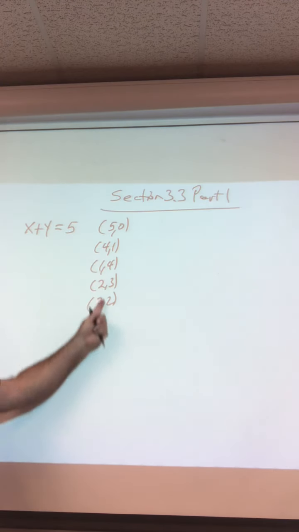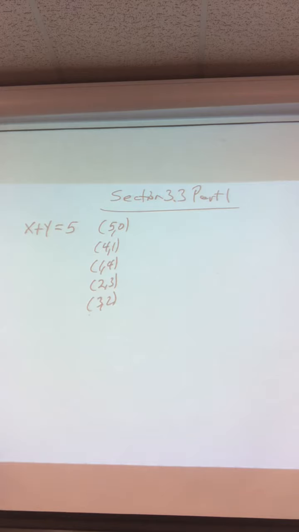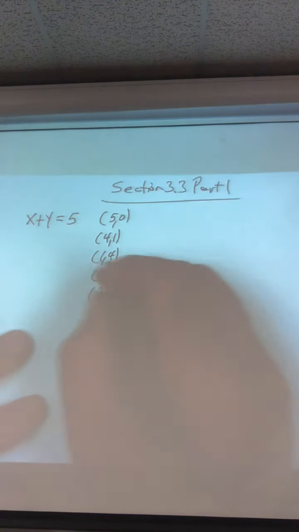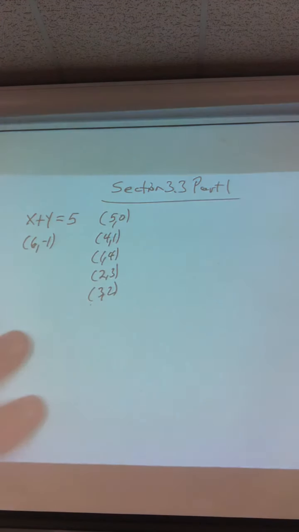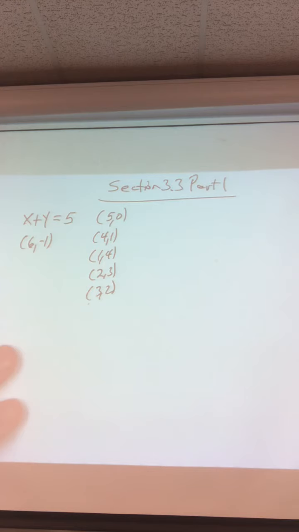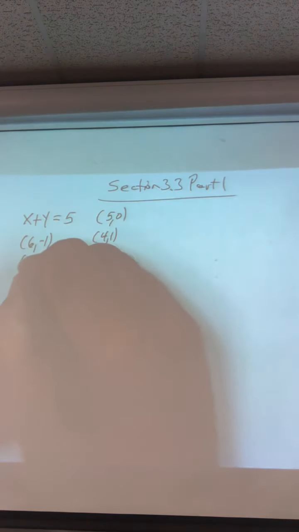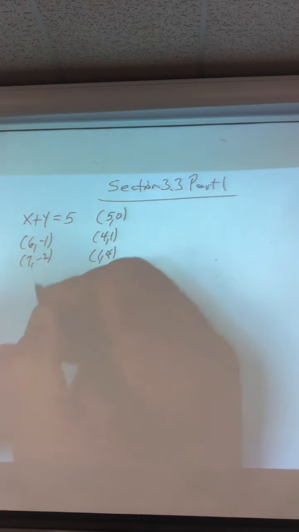Now, it's not only these. Let me show you some that are maybe not quite so obvious. Let's suppose this one: 6 comma negative 1. If you add those two together, you get 5. What about 7, negative 2?